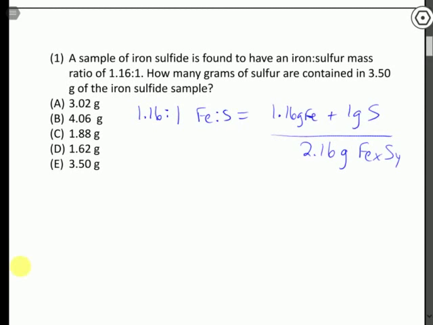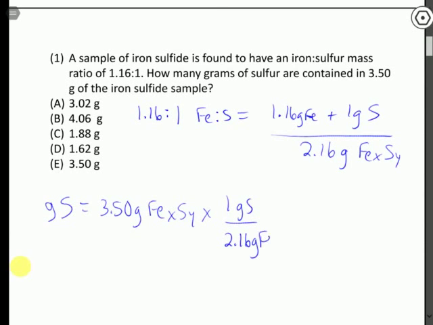So when we give you mass amounts or mass percentages, don't forget that they can be used as ratios and conversion factors. If we're looking for the grams of sulfur in this sample, we have 3.50 grams of our compound, and from this information up here, we see that we have 1 gram of sulfur for every 2.16 grams of the compound, which then comes out to 1.62 grams.